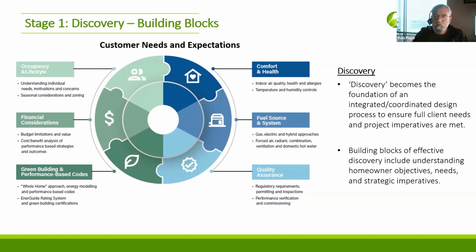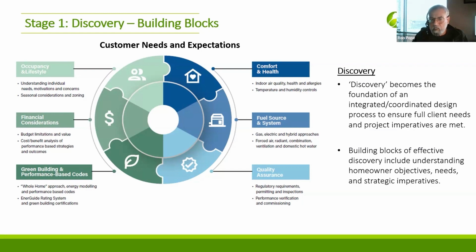Fuel source system, depending where you are in this country, in BC, it's no different. You might be in an area where you don't have natural gas. And so, you're stuck with what? Diesel fuel, heating oil, electricity, heat pump. It's an option, right? It's not across the board always one best route to go for your fuel source.